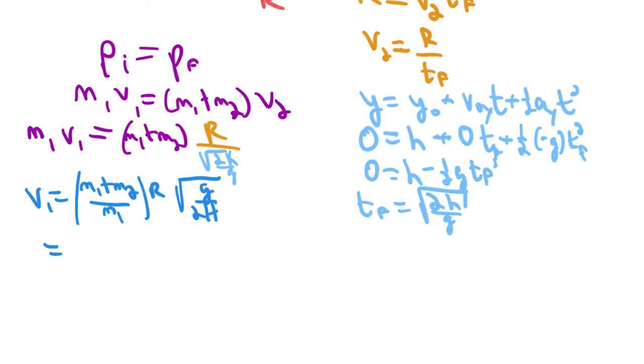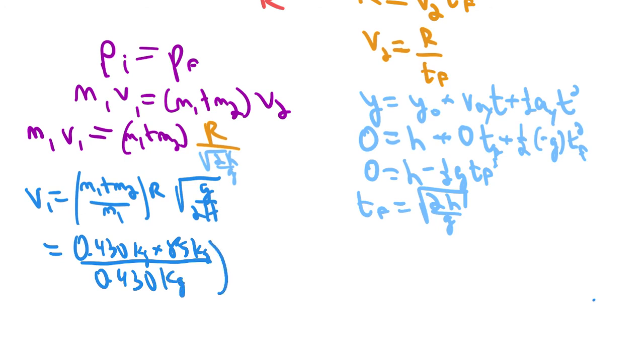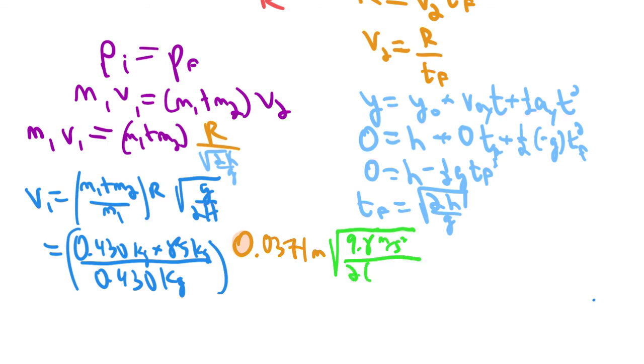So v1 is 0.430 kilograms plus 85 kilograms over 0.430 kilograms, times the range, which is 0.0371 meters, times this fraction: the square root of g, 9.8 meters per second squared, over 2 times the height at which he jumped, which was 0.386.